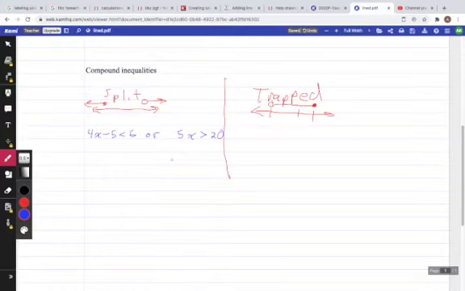So what do we have here? Well, two problems, really. Two separate things that we need to solve. So let's solve this one first.